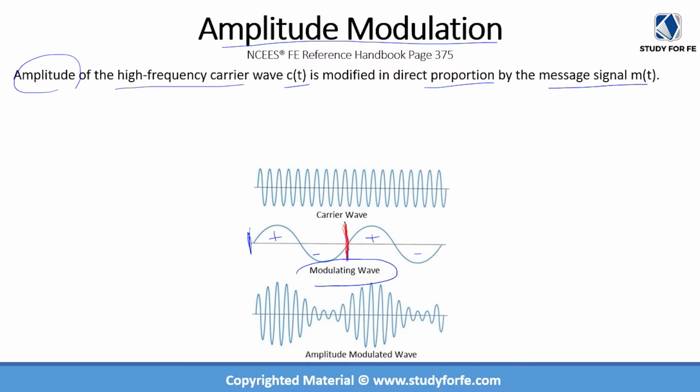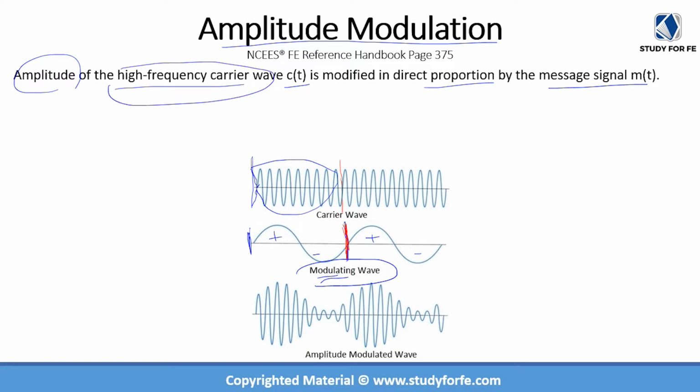Now keep an eye on it, because you'll see that the carrier wave is of much higher frequency. The way to observe that is that in one cycle of the modulating wave, we are able to pack multiple carrier waves. That's why the frequency of the carrier wave is high.